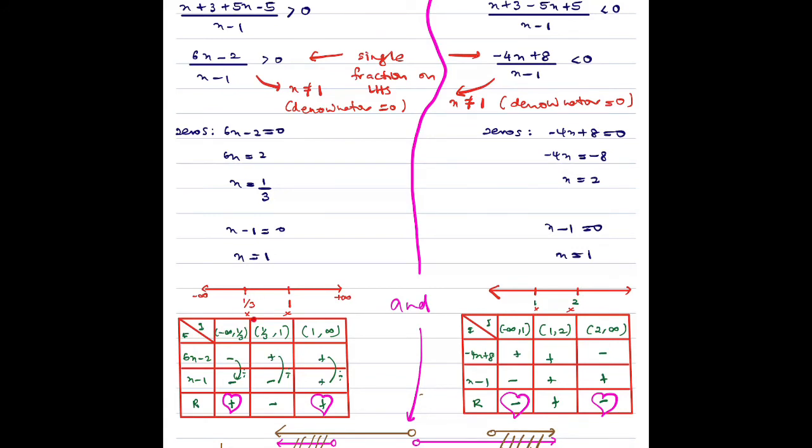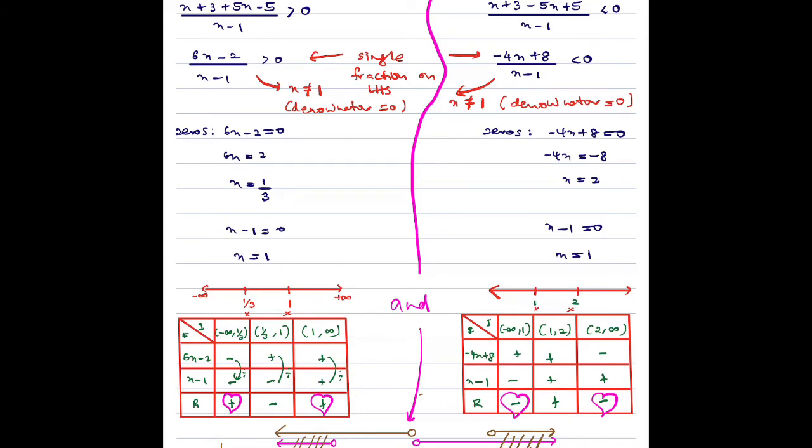That's why we exclude 1 over 3, and 1 is excluded too. For the first table we want the values of x where the expression is greater than 0: negative infinity, 1 over 3, 1, infinity.